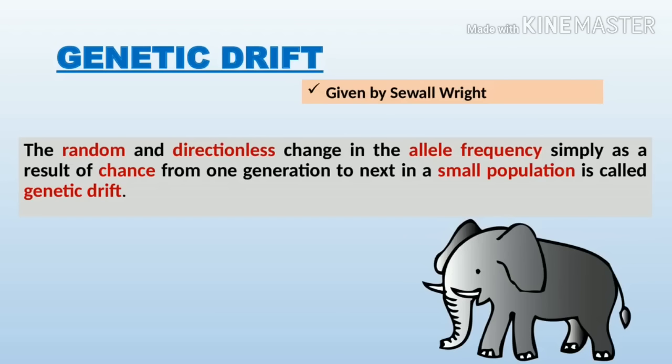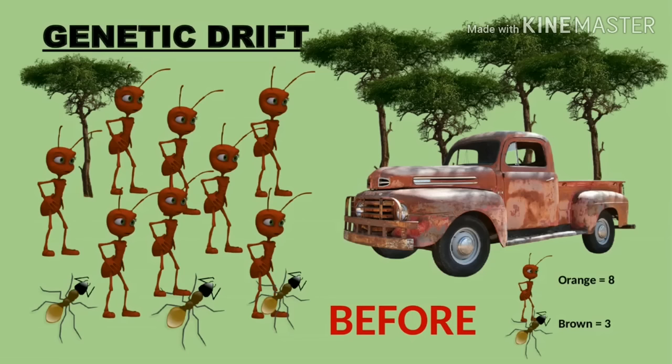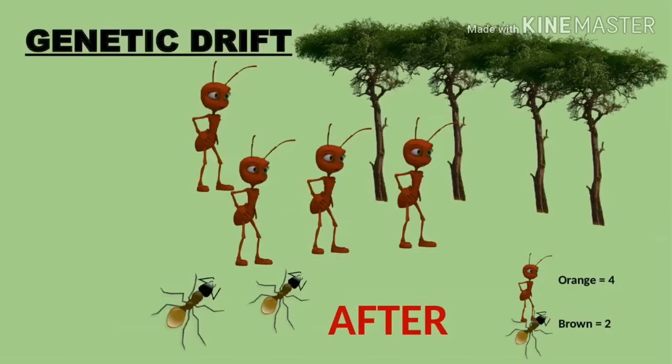We saw one example of this genetic drift. Initially there were two populations of ants, orange and brown, living in the same place in a forest. But all of a sudden a vehicle passed through that forest and some of the ants got killed. In this way there was a reduction in the population of both ants: the orange ant reduced to 4 and the brown ant reduced from 3 to 2.